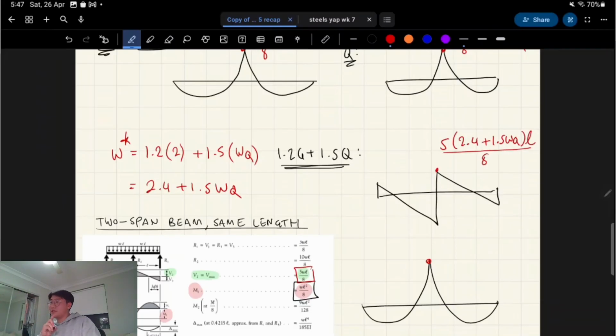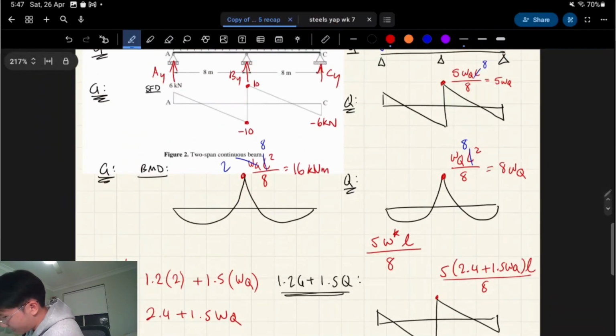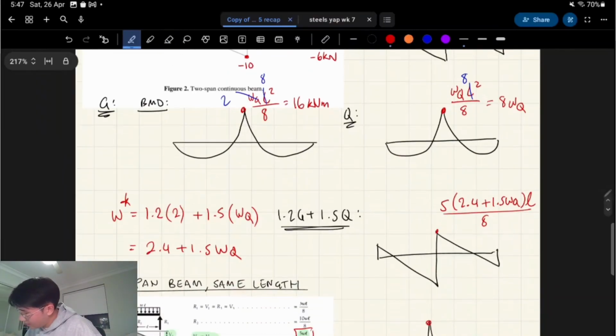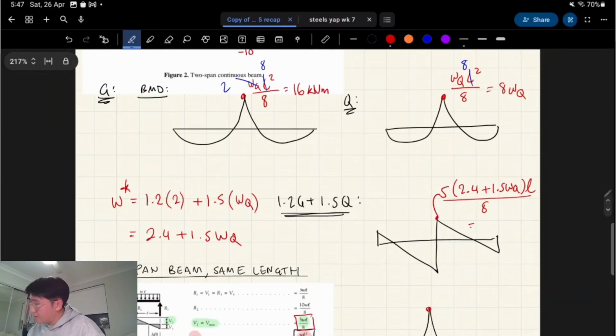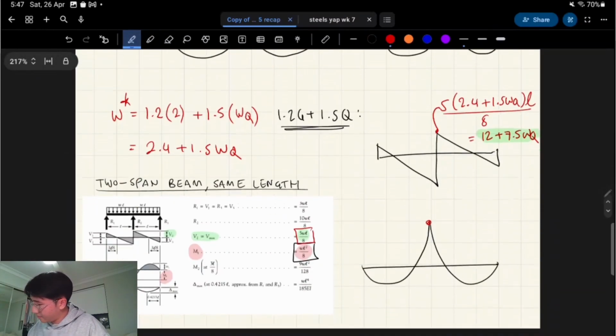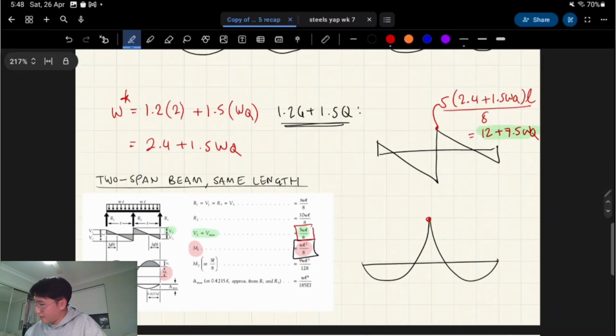Let me explain that better. That was 5 W star L on 8, which is the exact same thing that we used here, but we can do it for a factored one. We simplify it, it gives us 12 plus 7.5 WQ. We're going to use that later, and that will be V star.